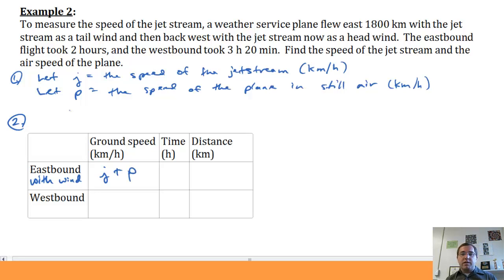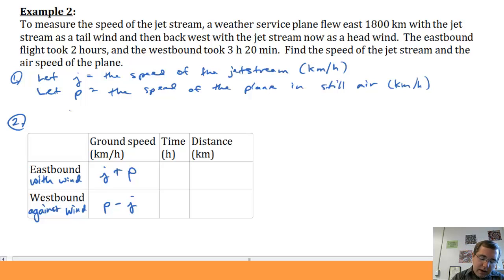And this is called the ground speed. It's the speed they're going relative to the ground. So that means the wind and the plane together. With the wind helping it, we're going to add it. Going westbound, though, they were going against the wind, and so it was hurting the plane. So we need to take the speed of the plane minus the speed of the wind.